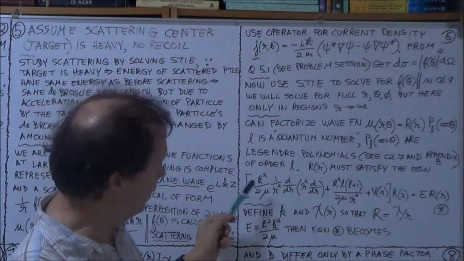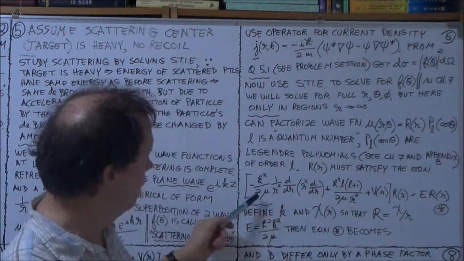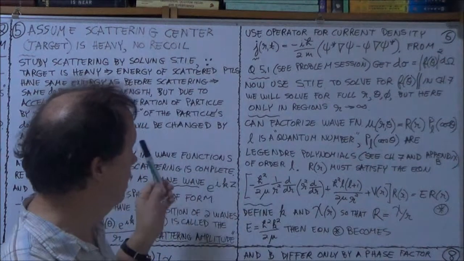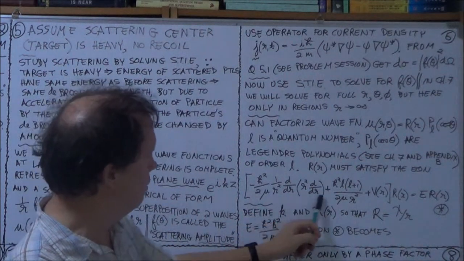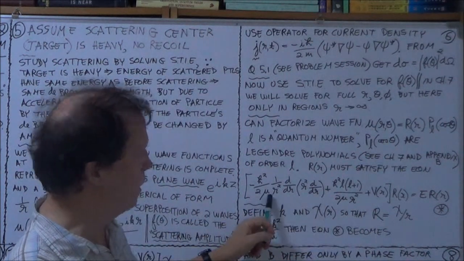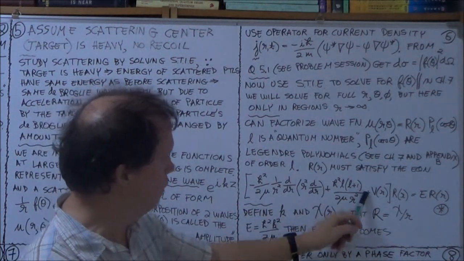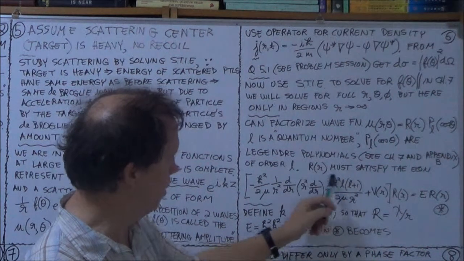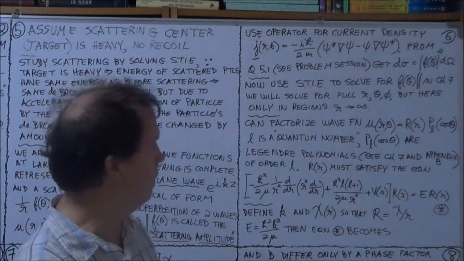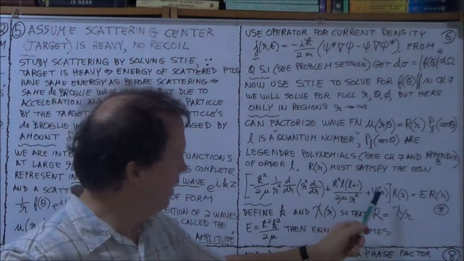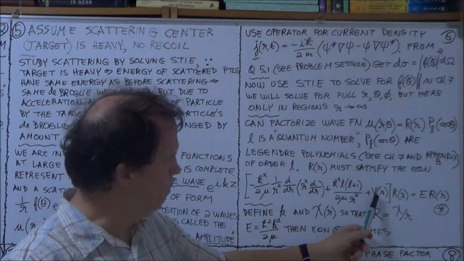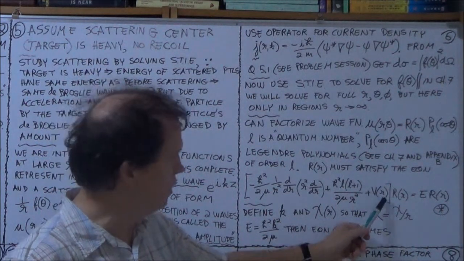Now the r part, the equation that involves the r, looks like this. Here, you've seen this sort of thing before. That's just del squared r. Now this is new. You may wonder what the hell's that? I'll explain it in a minute. This is familiar. Now remember, the potential we're assuming is only a function of r.